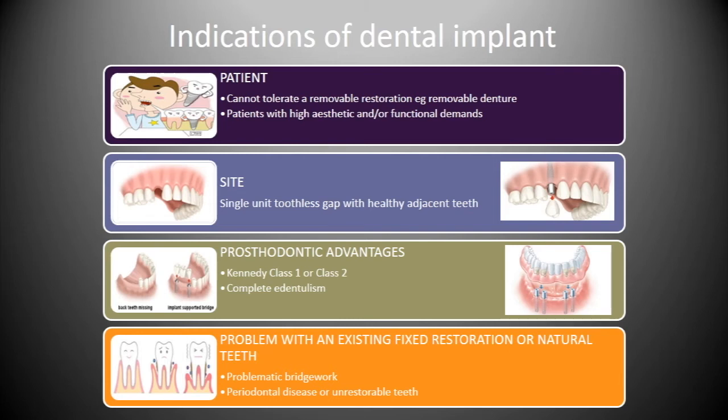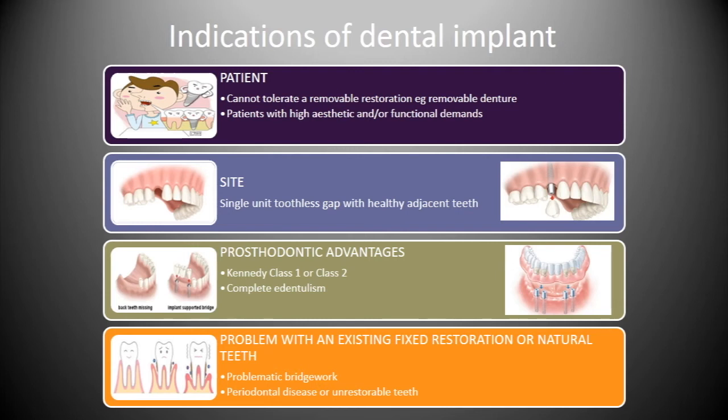When a single tooth is missing, an implant-supported crown will preserve the adjacent natural teeth by avoiding the need to prepare them. If the toothless gap is restored with the traditional dental bridge, both adjacent teeth will have to be prepared. In cases of partial edentulism with the posterior teeth missing, such as in Kennedy Class 1 or Class 2, traditional dental bridges are difficult to design because the back support tooth is missing.